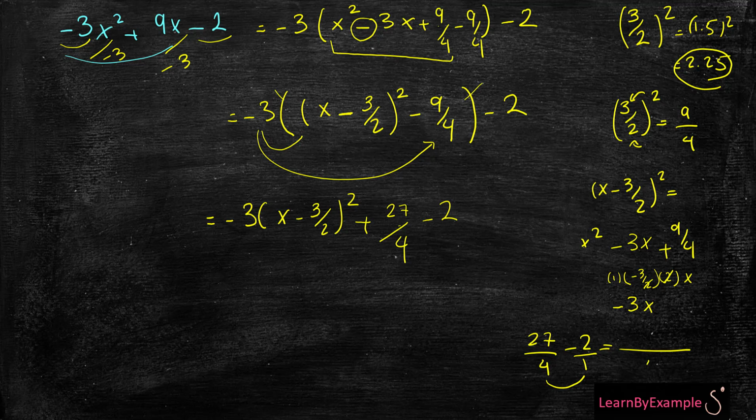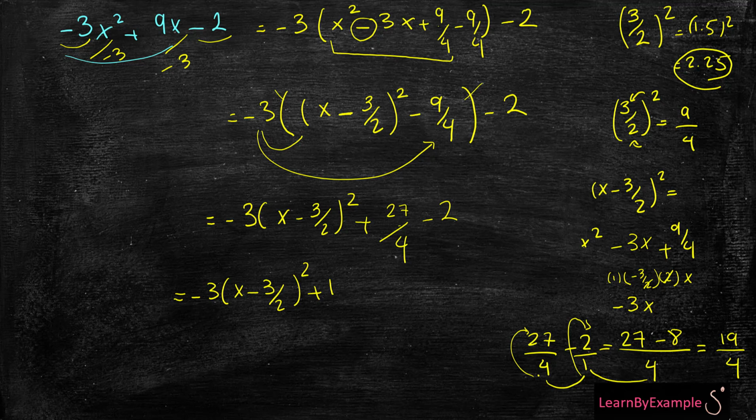And 4 times 1 is 4. 4 divided by 4 is 1. 1 multiplied by 27 is just 27. 4 divided by 1 is 4, multiplied by 2 here, I will have 8. 27 minus 8 is just 19/4. Therefore, my final equation in the vertex form is going to be what I have written already, plus 19/4.